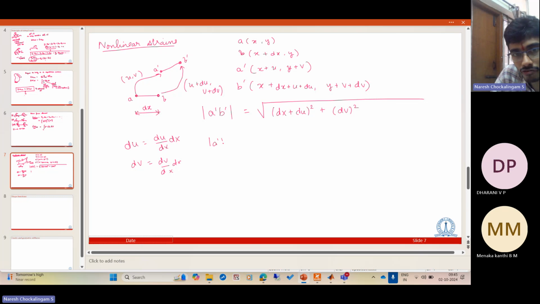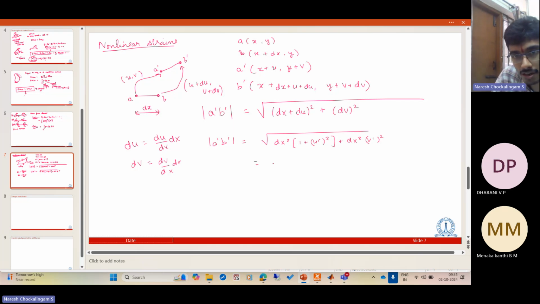So the length of A dash B dash will be square root of dx square into 1 plus, let me write du by dx as u dash square, plus dv by dx as v dash square.